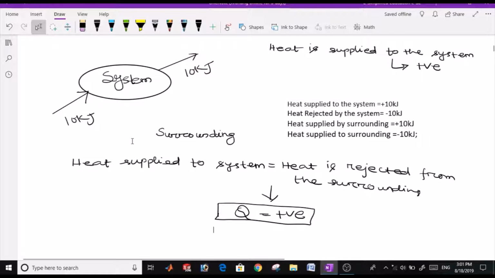Heat supplied to the system means the heat will come from the surroundings to the system. That's why in both these cases it will be positive. Heat rejected by the system will be equal to heat supplied to the surroundings. Both are the same, because when heat is rejected by the system, it goes to the surroundings only. So in both the cases, this will be minus 10 kilojoule.